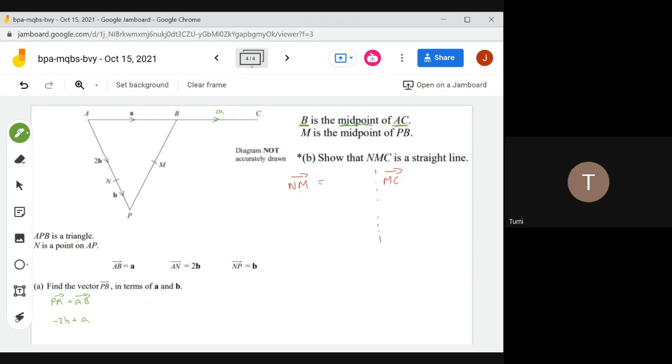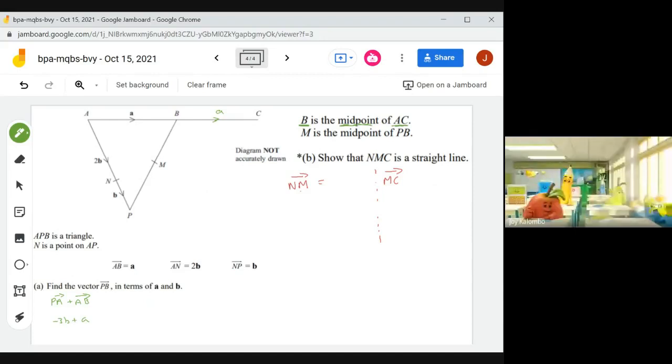So would we just add that with A? Yep. Wait, would that just be A?